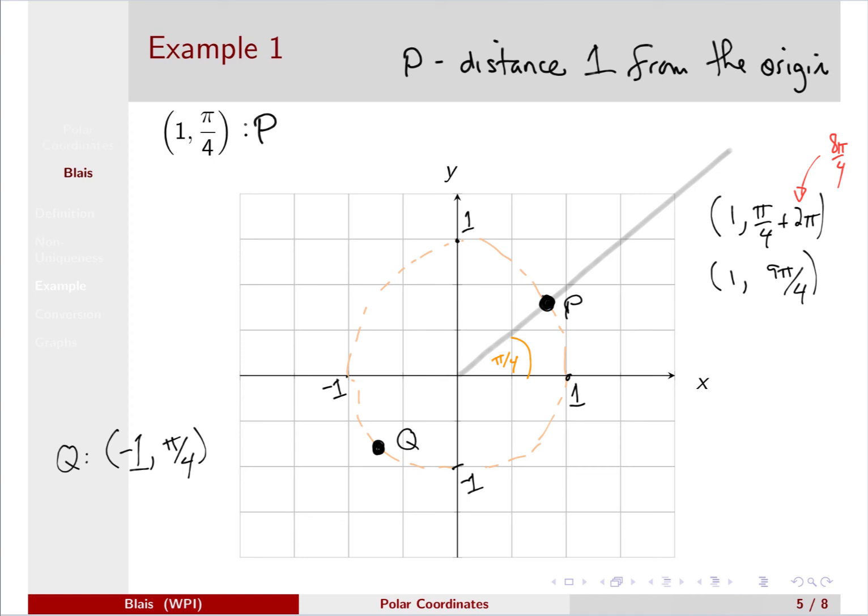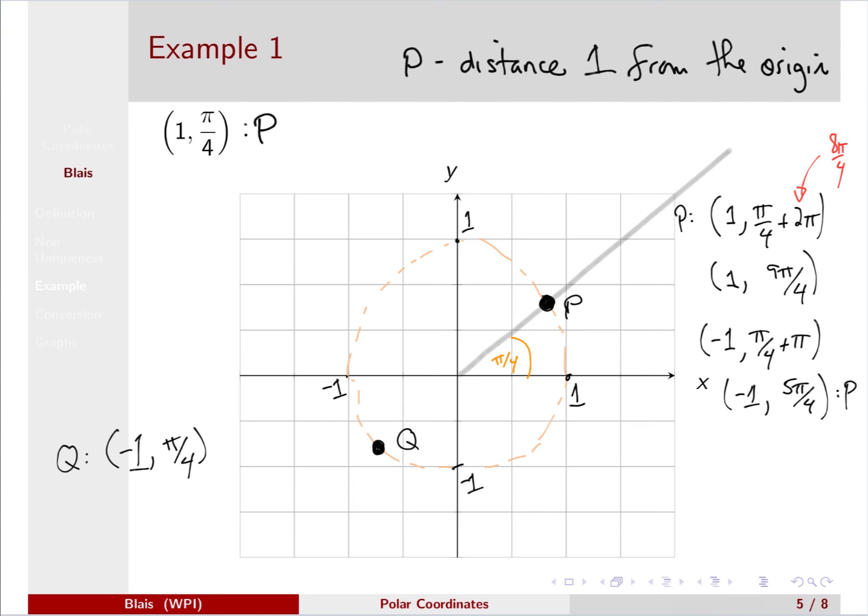And then similarly, if we wanted to rotate this Q pi radians, that would get us back to P. And so another version of P would be an r of minus 1, pi over 4 plus pi, or (negative 1, 5 pi over 4). So this is another way to represent P.